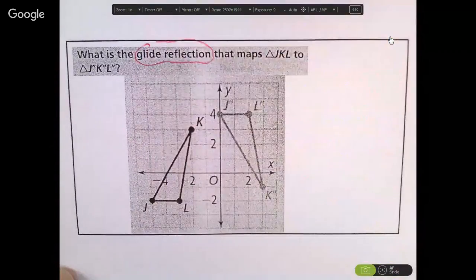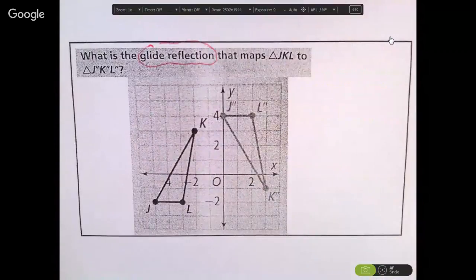It just means that there's more than one thing happening. They chose the word glide because it's not just a straight reflection, but it got moved in multiple ways, okay? So glide reflection just means a composition of rigid motions, okay? So again, there could be more than one way of answering this.